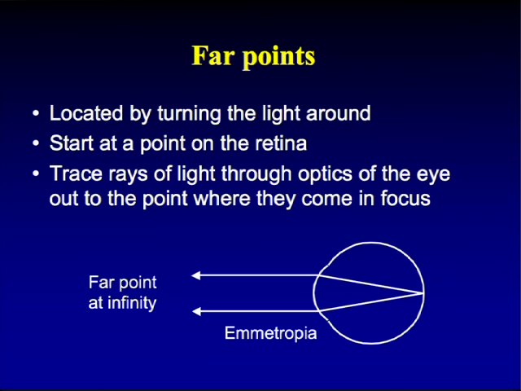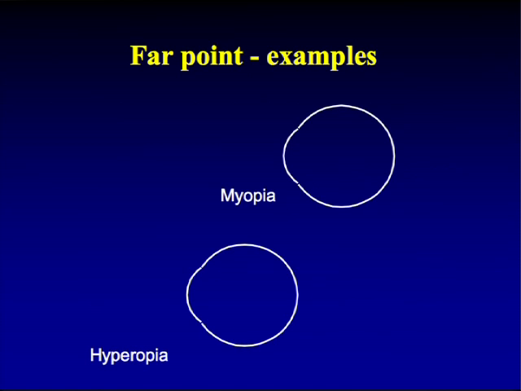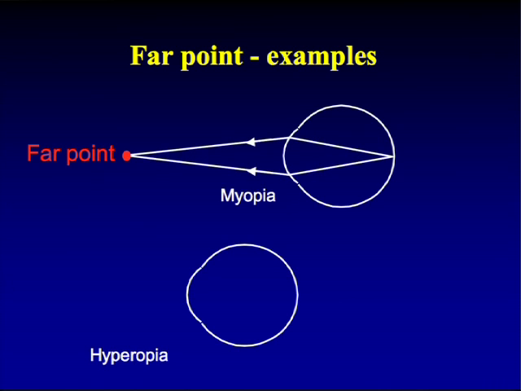So the far point of an emmetropic eye is at infinity, whereas if we take a myope, for example, and we trace the optics through the eye, then you see the front of the eye is too strong, or the eye is too long, but just think of it right now, the front of the eye is too strong. And then instead of parallel rays of light coming out, they're going to be converging, so there's going to be some far point somewhere in front of the eye.